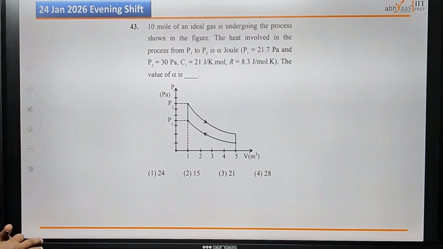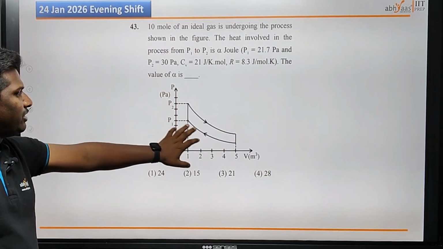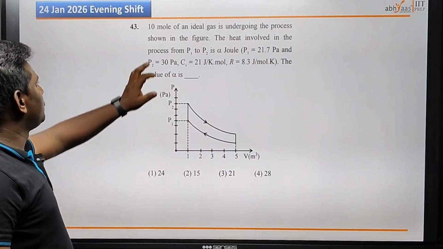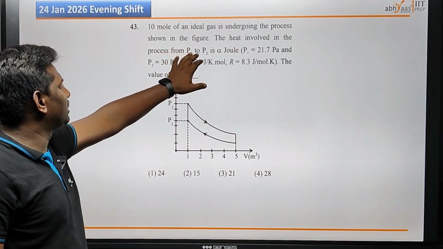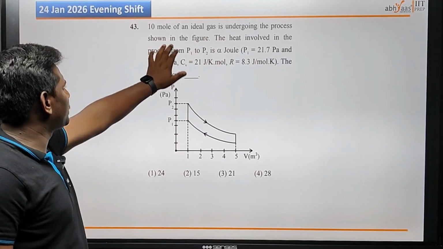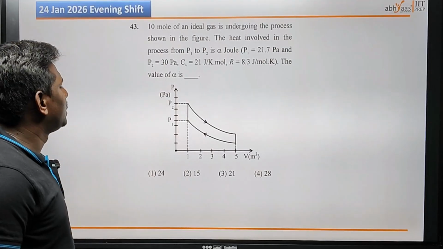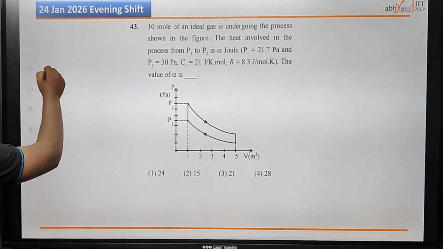Next question. 43. What they are asking? They have given a graph between pressure and volume. See here. 10 moles of an ideal gas is undergoing the process as shown in the figure. The heat involved in the pressure change from P1 to P2 is alpha. Heat involved. What is the formula for heat?